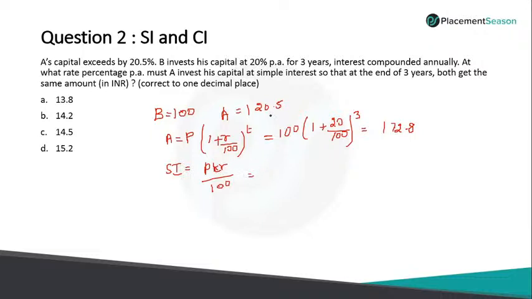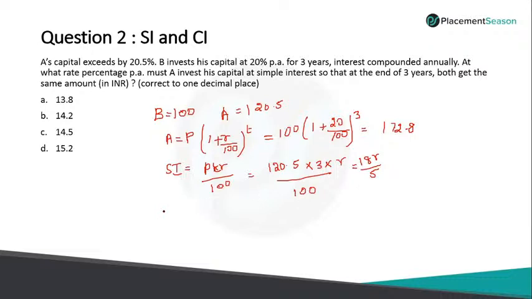The principal we have considered for A is 120.5, into the time, the same 3 years. We need to find the rate, divided by 100. On solving this, I'll get 18 into R by 5. You solve and you get the answer; I'll just directly write it here.